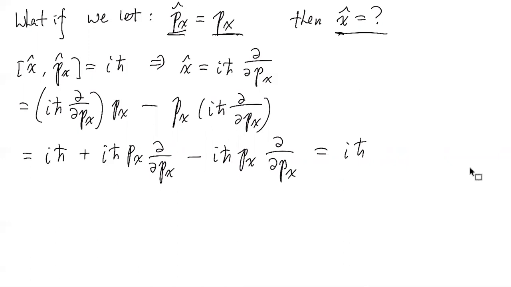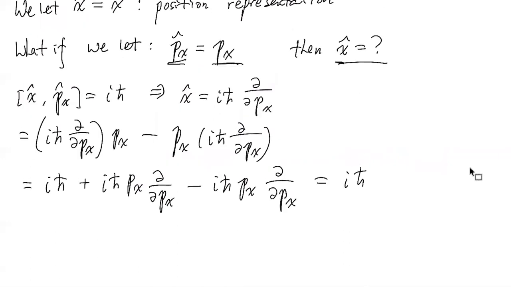So as you can see here, this commutator [x, px] is still equal to iħ. However, x in this case is equal to iħ d/dpx, right? This is based on the assumption that we let the momentum operator simply be equal to the momentum function itself.